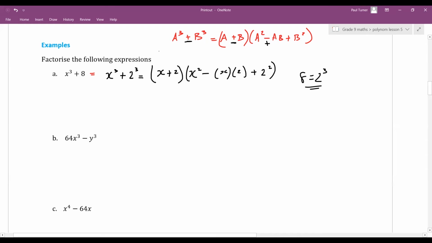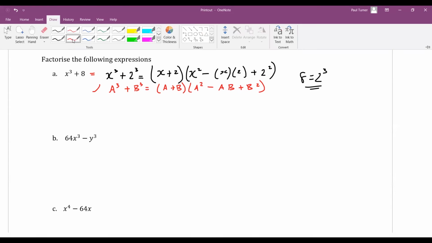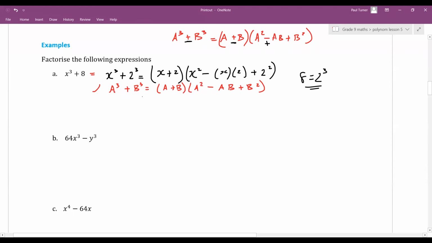If you're still not sure, you should write the formula underneath: a cubed plus b cubed is a plus b, a squared minus ab plus b squared. If that helps you, you can write the formula underneath to help do it correctly. You've got an x2 here, so you should make that 2x.